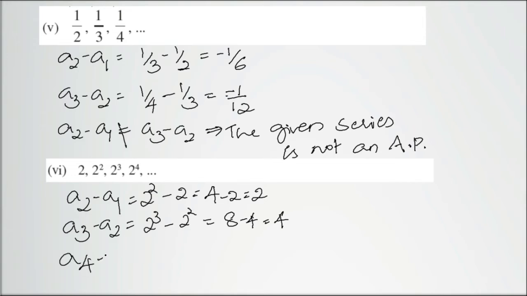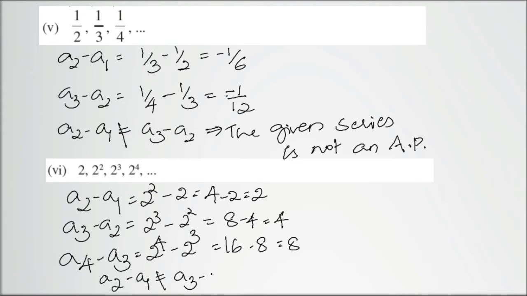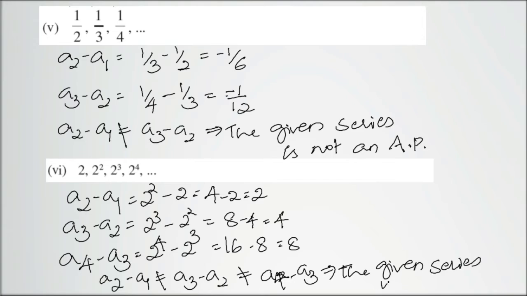And a4 minus a3 is 2 raised to the power 4 minus 2 cube, which is 16 minus 8, 8. Here we have a2 minus a1 not equal to a3 minus a2, which is also not equal to a4 minus a3. This implies the given series is not an arithmetic progression.